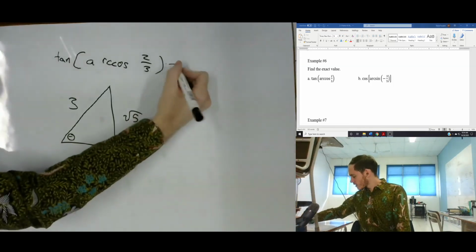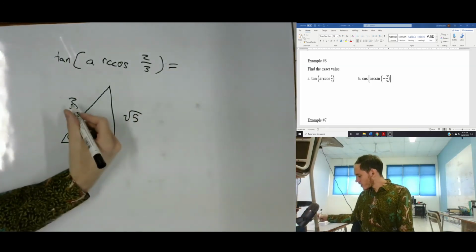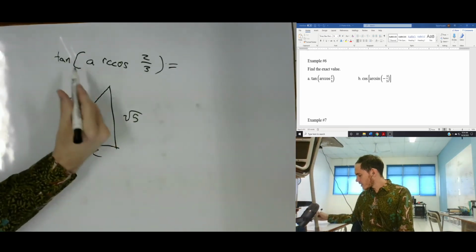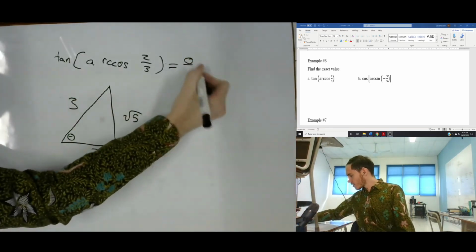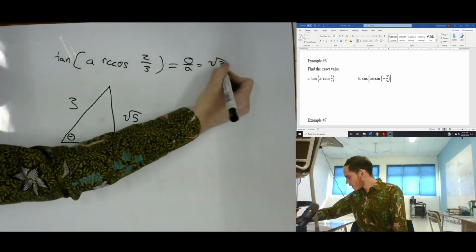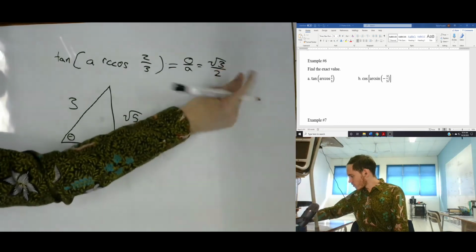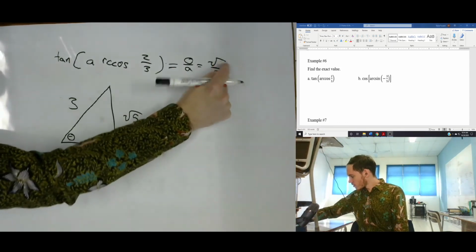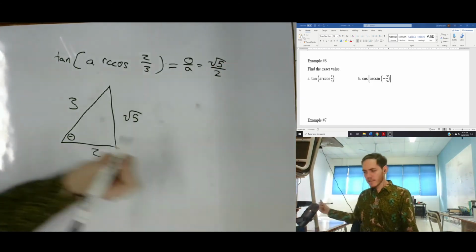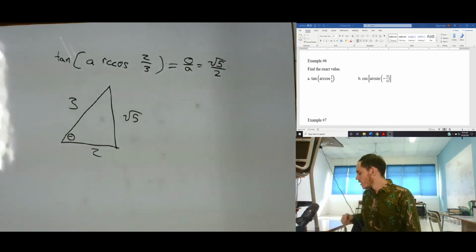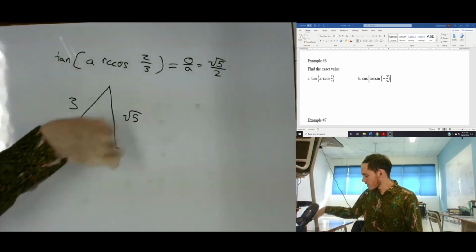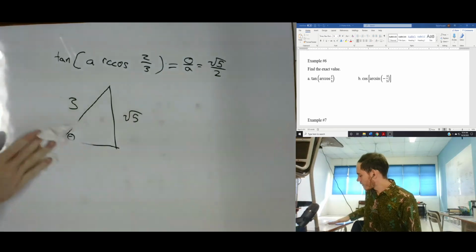Tangent gives us opposite over adjacent, so our answer is root 5 over 2. That's a simple way of doing it. Again, the inside gives us this angle, and tangent of an angle gives us a side ratio.